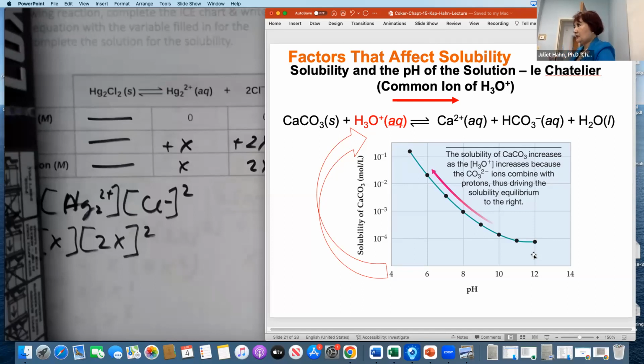At basic pH, you don't have very much H3O plus because you're using it up and getting it out of the solution. At basic pH, you have very low solubility of the calcium carbonate. So that shows the effect on solubility of the common ion, the acidic common ion, by Le Chatelier's principle.